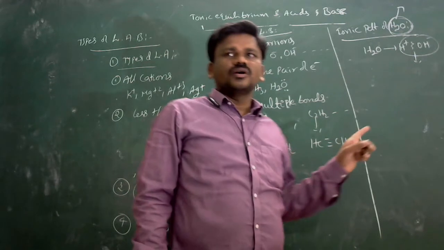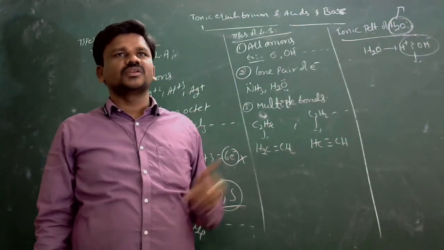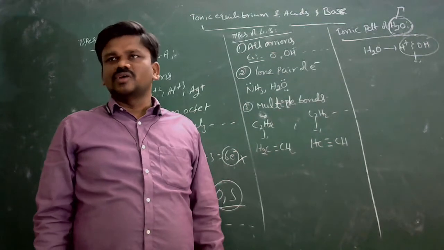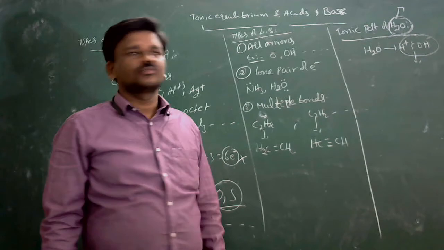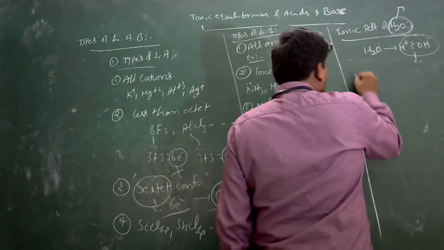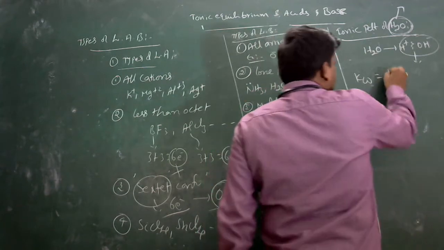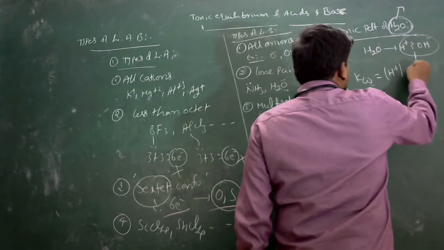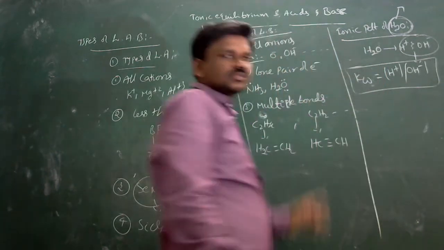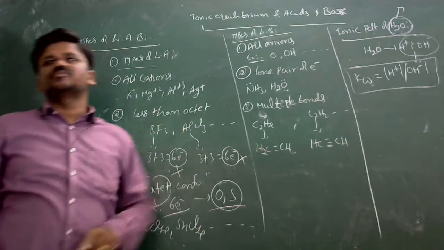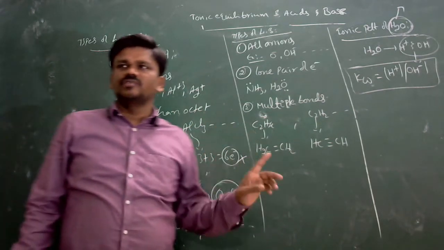The product of the molar concentrations of H plus and OH minus present in a given sample of water gives the ionic product of water. It is denoted with Kw. Then Kw is equal to the H plus concentration times the OH minus concentration.